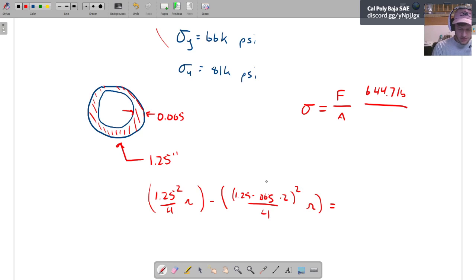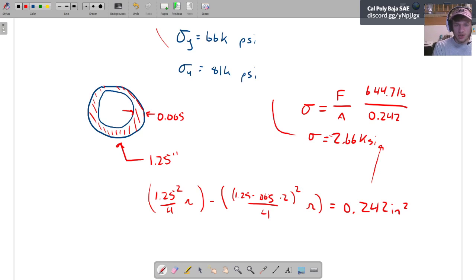That should be a cross-sectional area of 0.242 inches squared. So we'll plug that in here, 0.242, and that gives us a stress of 2.66 KSI, or 2.66 thousand PSI, which, lo and behold, is well below our yield strength.